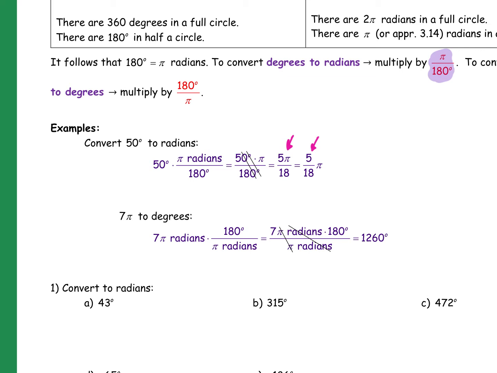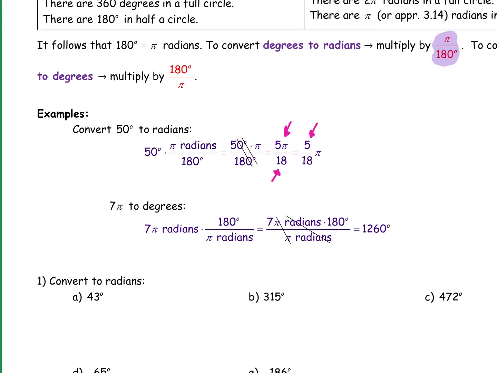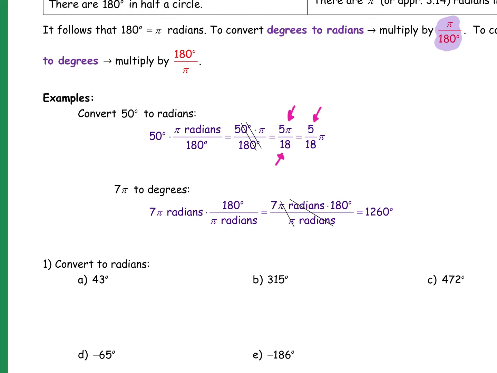I do have to simplify. If this fraction could simplify, I would have to simplify it further, but nothing goes into 5 and 18. Then to do the opposite, I'm going to go backwards: 7 pi radians to degrees.